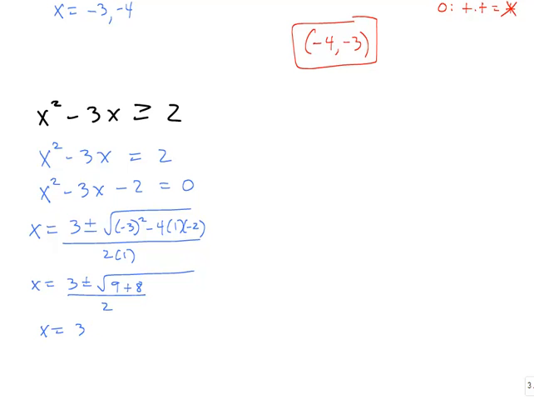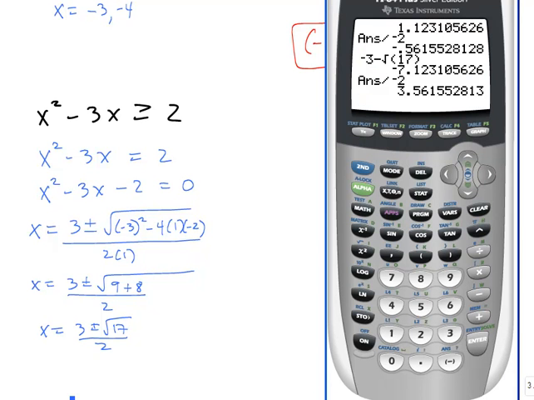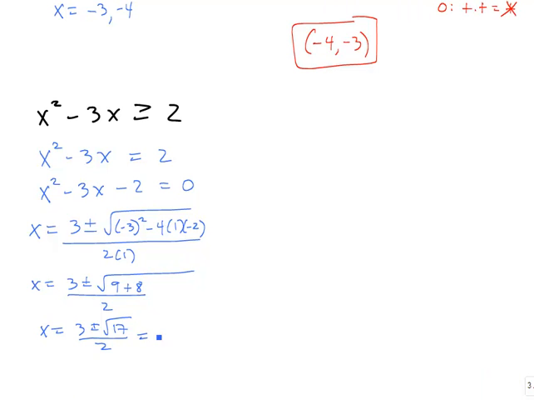So that's 3 plus or minus square root of 17 all over 2. This was the same problem that we did earlier with those decimals that we got. So it's going to be the same two numbers. So this was negative 0.56 and 3.56. So we're just doing the same inequality, but we're doing it in a one-dimensional approach instead of a two-dimensional approach.